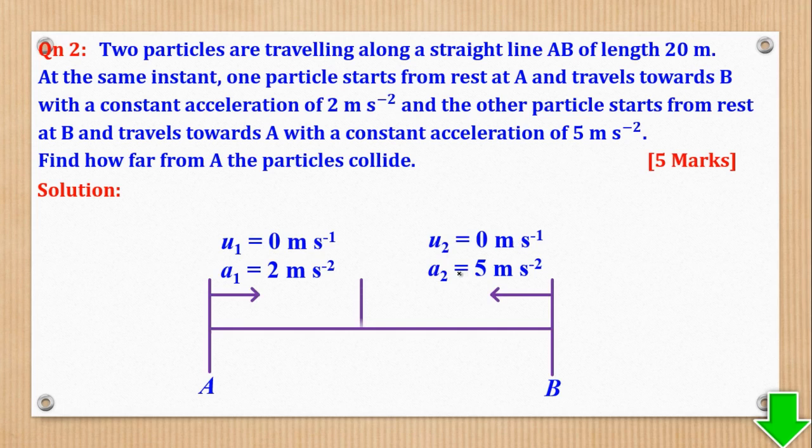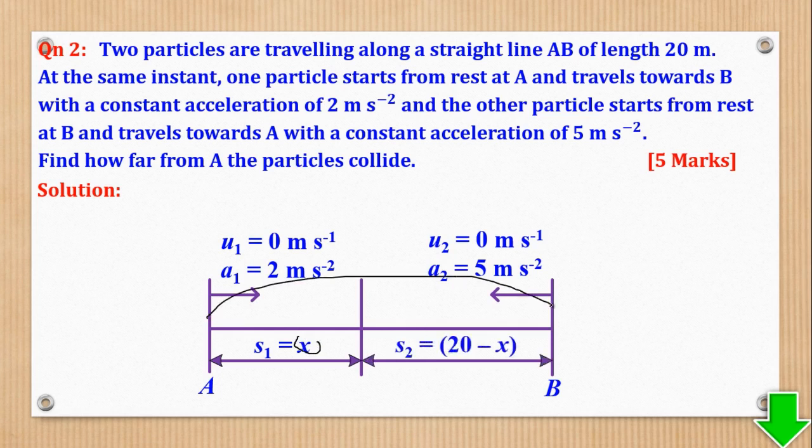If they meet at a point, it implies that this one will have moved a distance, say x, and this one will have moved the balance. Remember, from here to here it was 20, meaning the balance will be 20 minus x. Now that we know u, a, and s, we can use the second equation of motion.